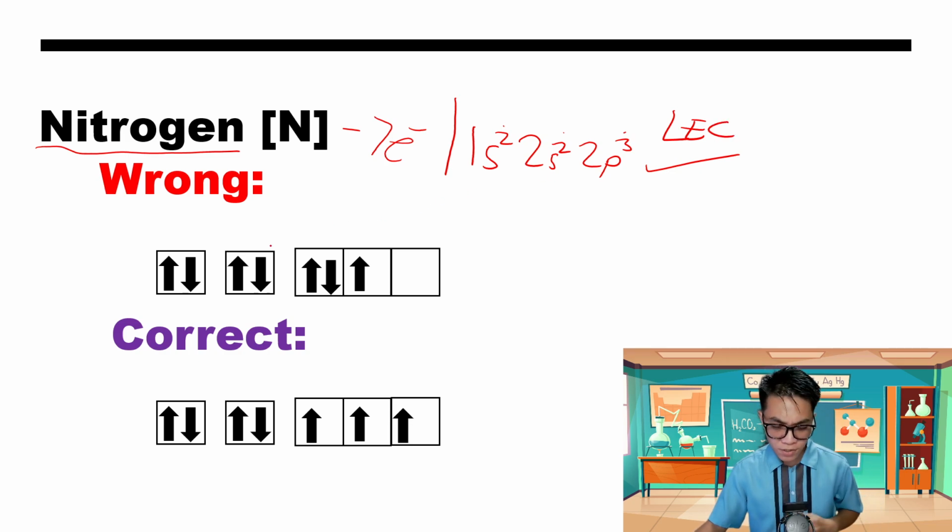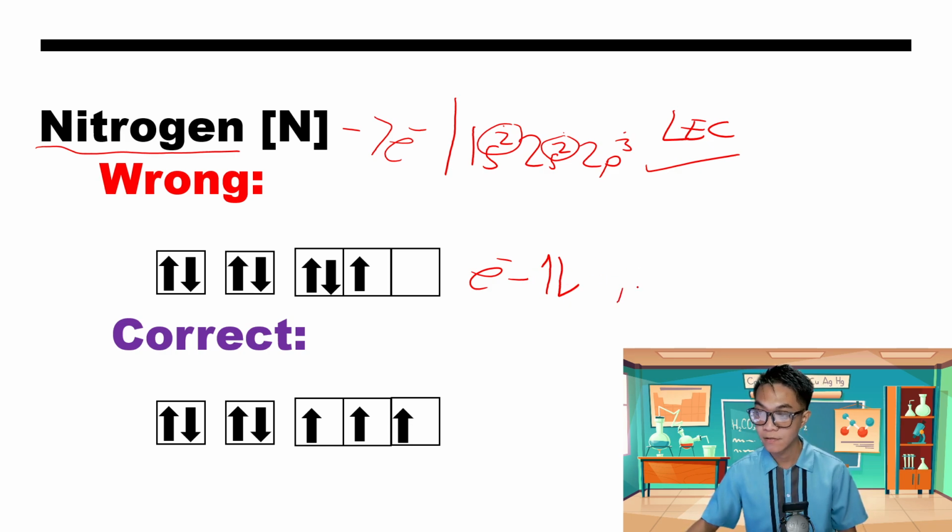Now, as I mentioned earlier, orbital notation is the visual representation of where each individual electron is placed in every individual orbital of an atom. In order to represent this, we have two main things to remember. The first one, electrons are represented in half spins, which is represented by half arrows, both up and down.